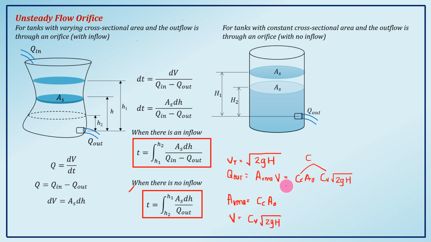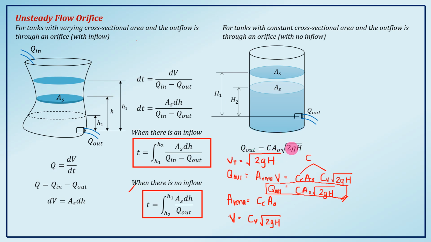So, we can simplify this equation to C AO square root of 2gH. This is the equation when we have an orifice and have to calculate the flow rate. You can use this for any problem about orifices that requires finding the discharge.